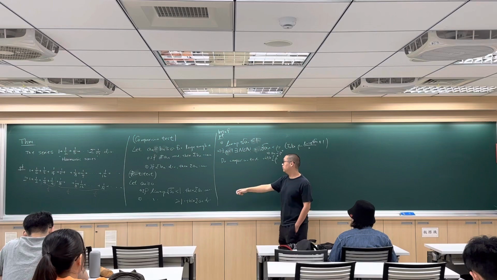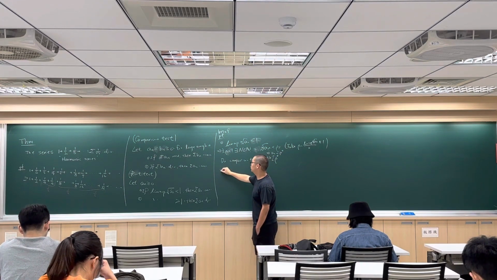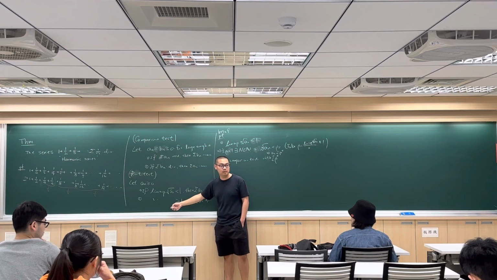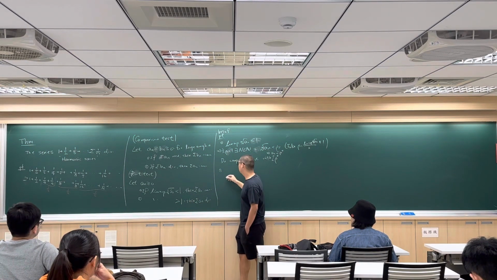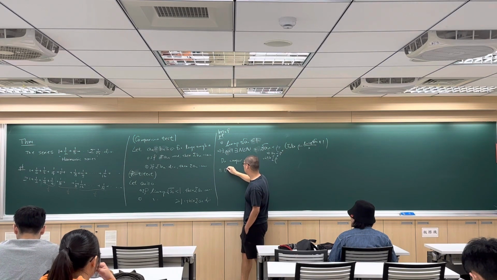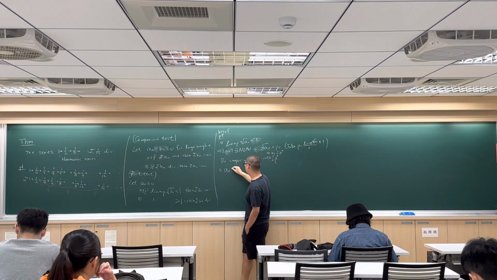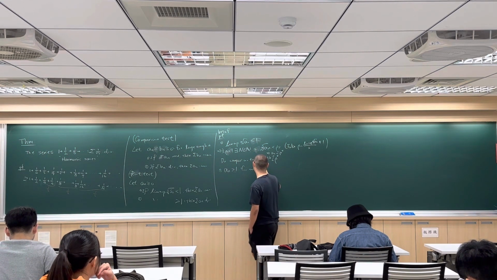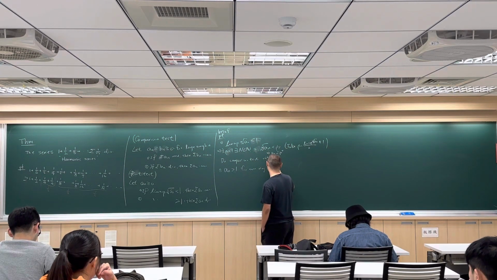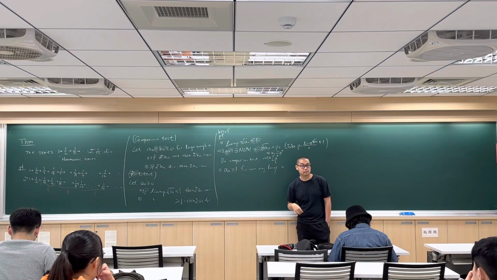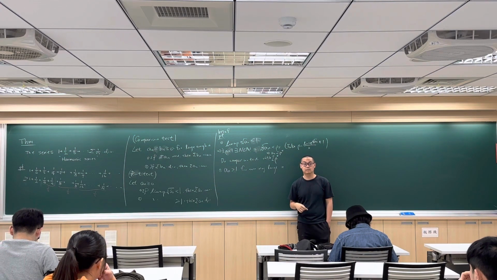And the second one is trivial because if this one is larger than 1, which means that an is larger than 1 for some very large n. You understand this?